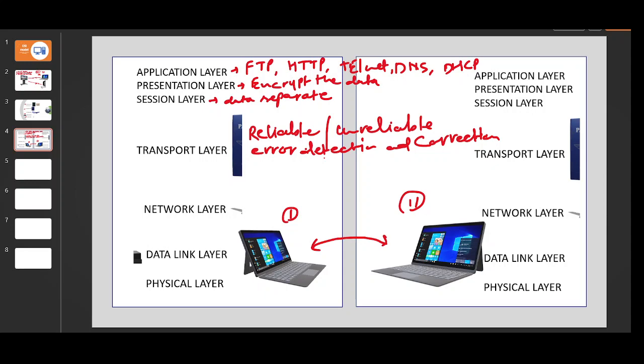Now comes the network layer. We cannot go to any other places without addressing. So we need a logical addressing, because computers understand only logical values. Clear? That means this layer provides the path.